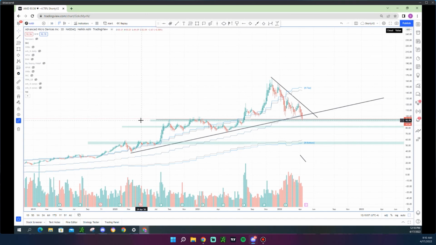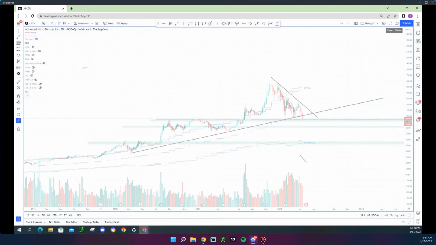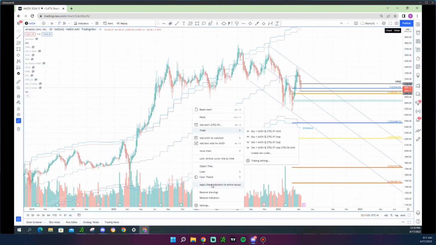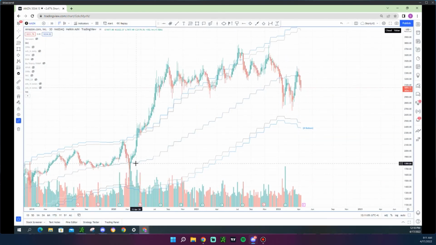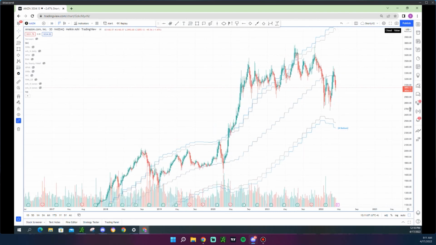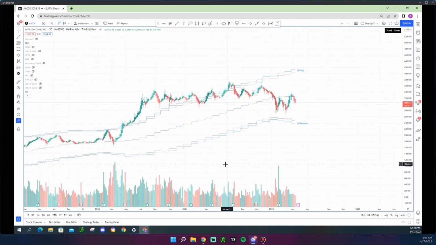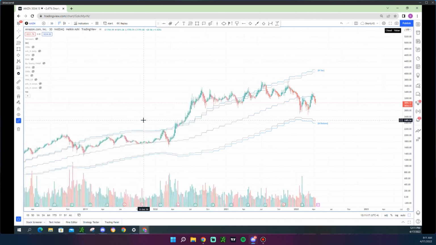If you want to see how deadly they are, look at Amazon in 2008 on the monthly bottom. You know this, Shorty, but that's the only time we've been anywhere near the monthly bottom, except for recently. It was 2008, when we basically had a recession and the housing market crash.